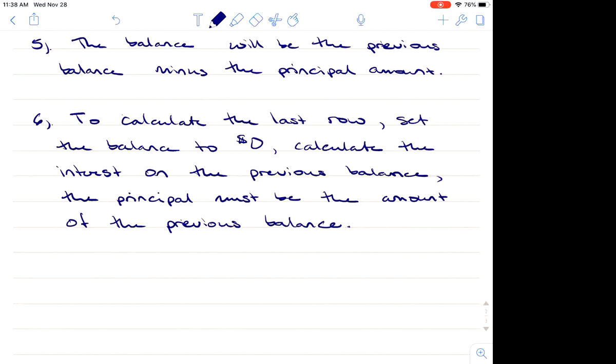The final payment amount will be the principal plus the interest.